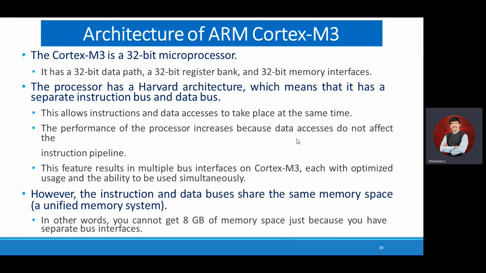When a processor is there, the processor can be Harvard architecture, it can be Von Neumann architecture, or there is one more architecture. Okay. So your ARM Cortex M3 is a Harvard architecture, which means that it has a separate instruction bus and data bus.